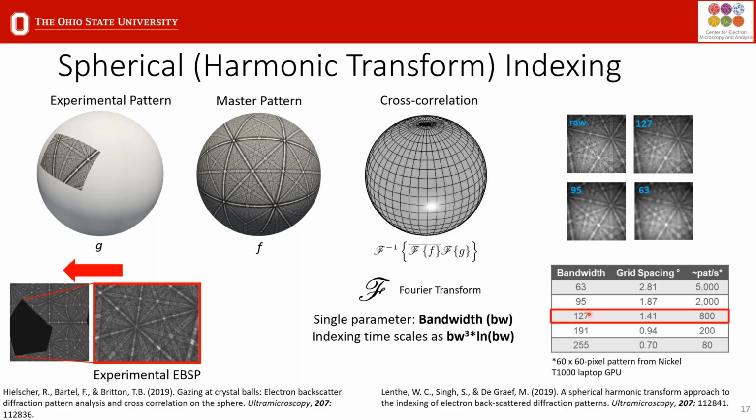If you really want to push the limits of angular resolution, then you might want to consider using higher bandwidths. Or if you have phases that are very similar, and you're interested in the very fine details to distinguish between those different phases, then you might want to consider using a higher bandwidth.